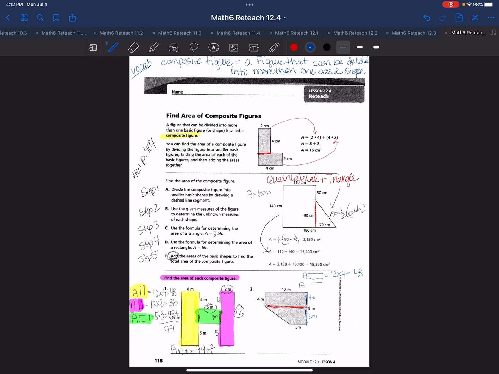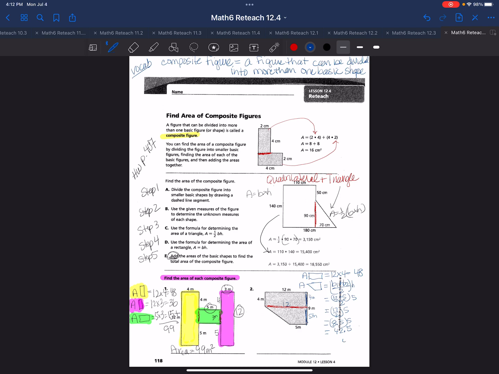And then I have to find the area of the trapezoid, which I know is base 1 plus base 2 divided by 2 times height. So base 1 is 12 plus 5 divided by 2 times the height is 5. So 12 plus 5 is 17 divided by 2 times 5. 17 divided by 2 is 8.5 times 5, which is 42.5.